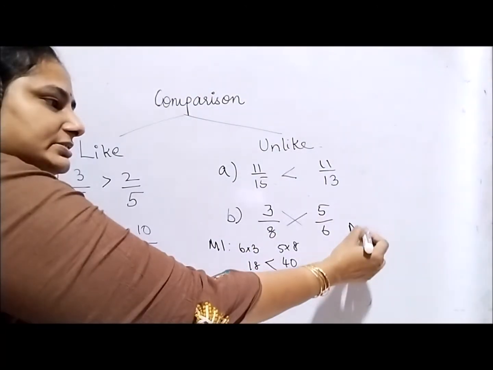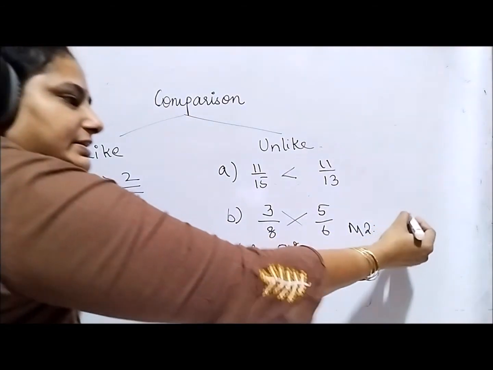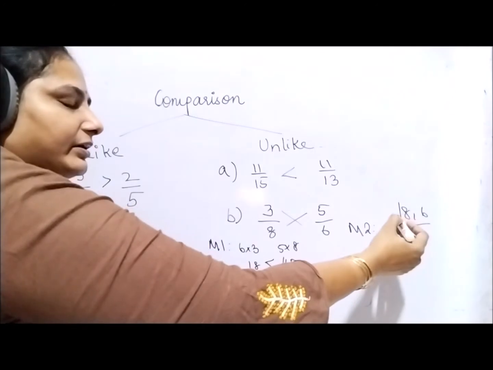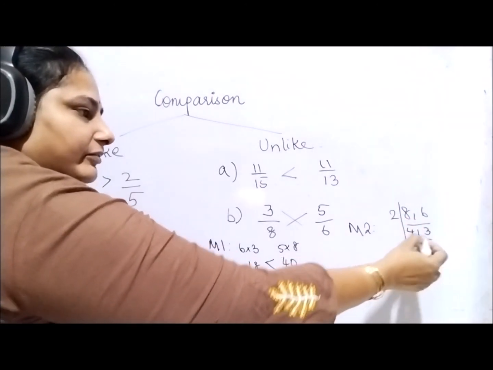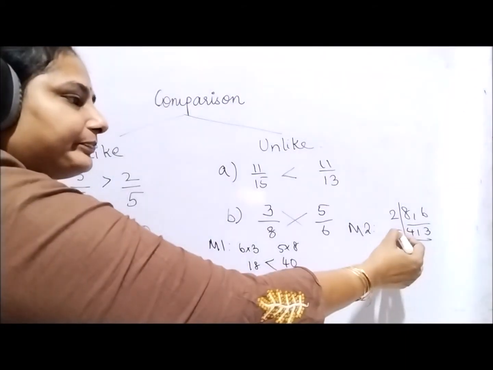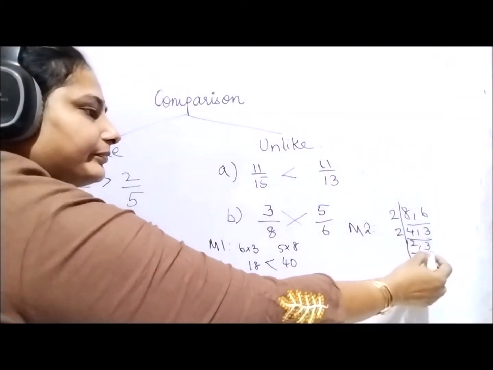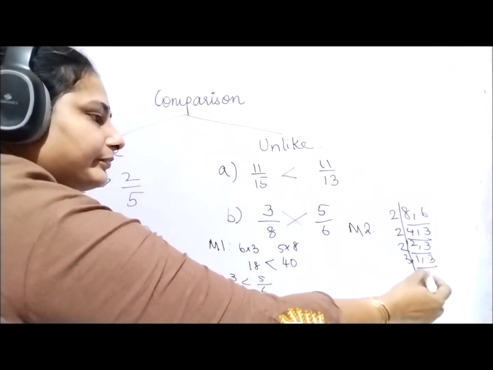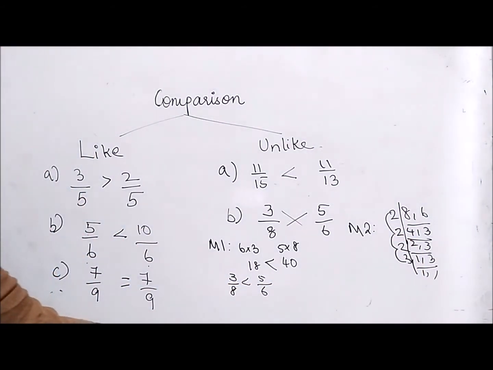Another method is taking out the LCM and doing it. 8 and 6, I am going to convert. First is finding the LCM. 4, 8, 24 is the LCM.